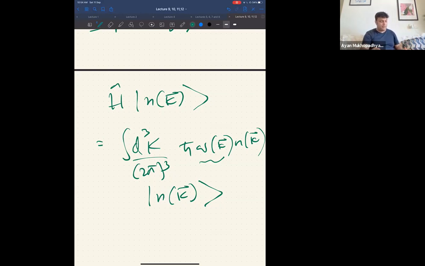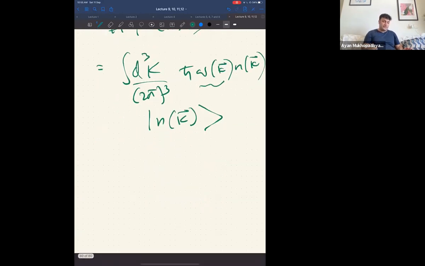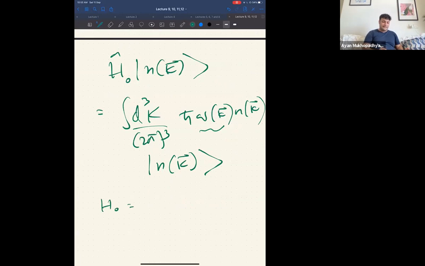But here comes the point: the Hamiltonian is not that. So I simply call that Hamiltonian H_0, where H_0 is the quadratic part, which is a dagger a times ħω.